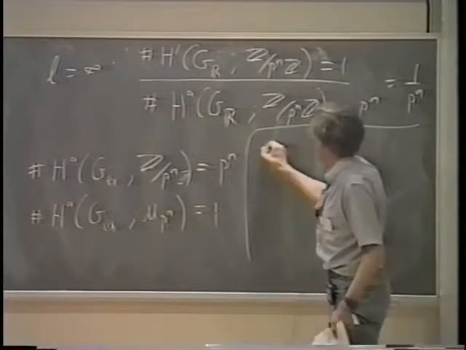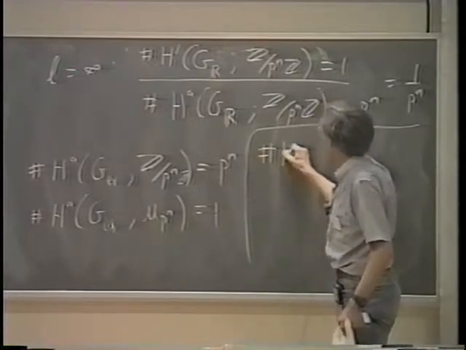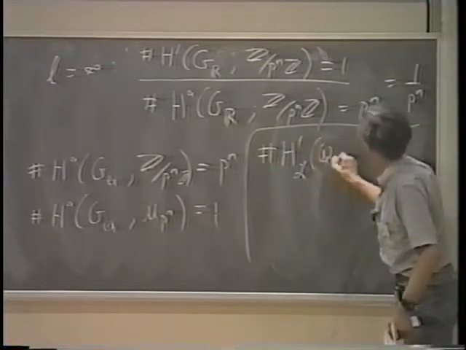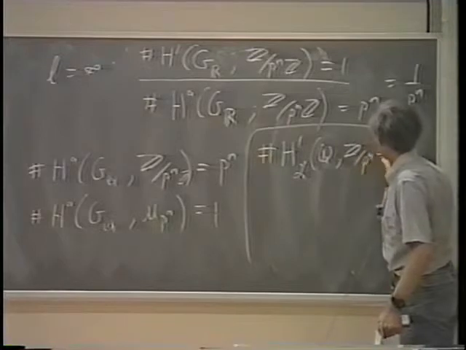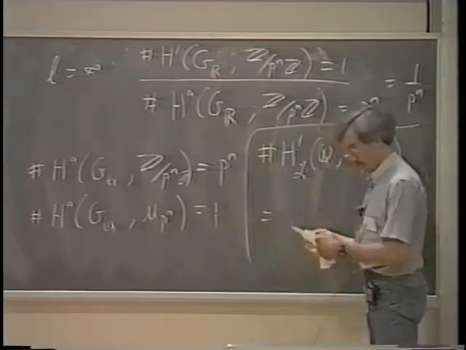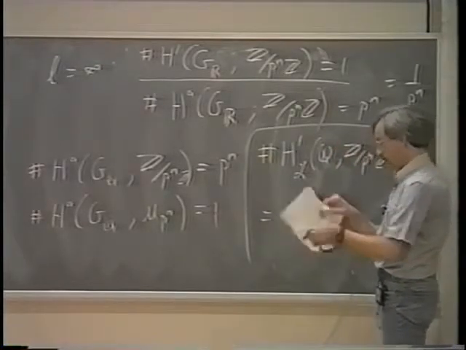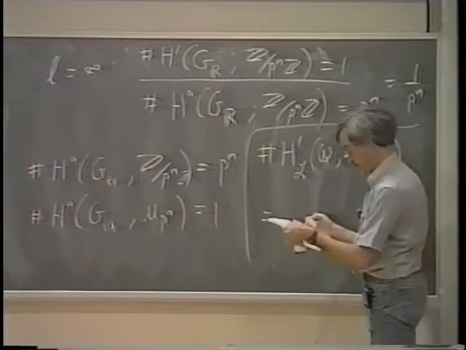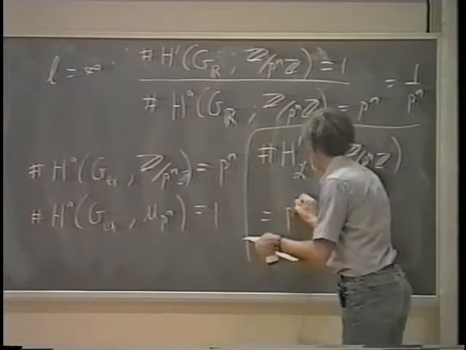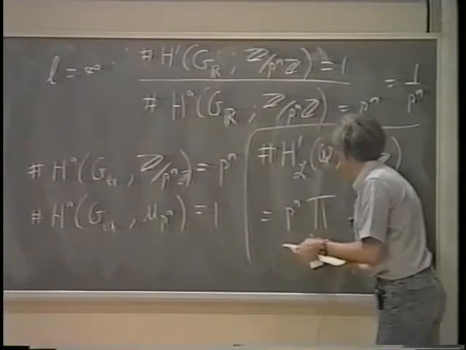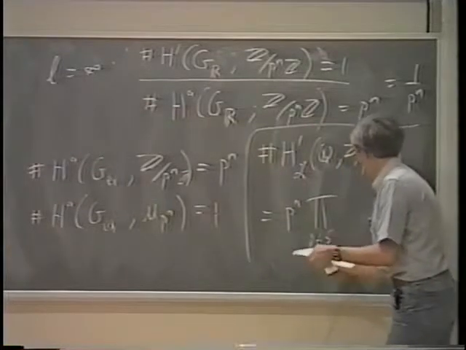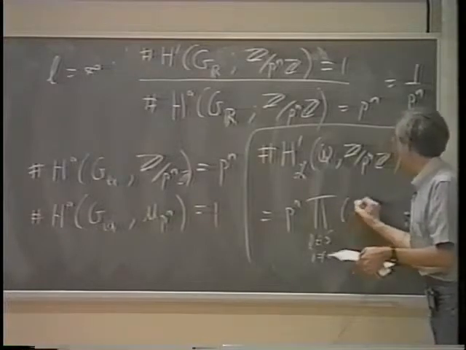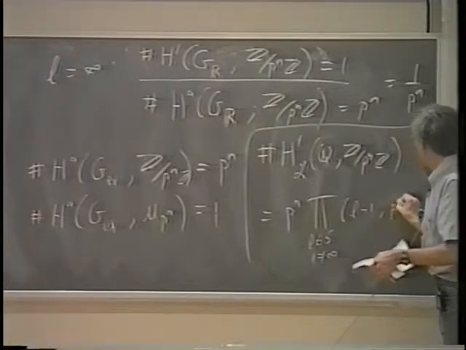Okay, so therefore we get the order of H1 sub L of G_Q, Z mod p to the n Z is p to the n times the product over L in S, L not equal to infinity, of the GCD of L minus 1 and p to the n.